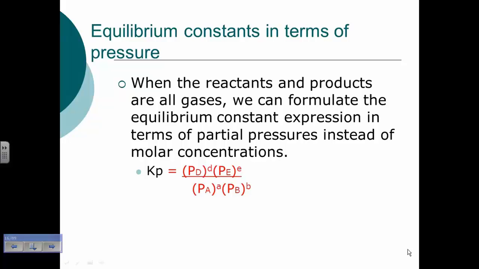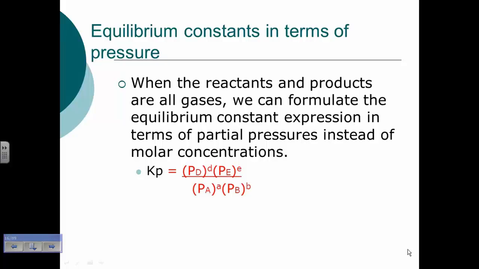When the reactants and products are all gases, we can formulate the equilibrium constant expression in terms of partial pressures instead of molar concentrations. Instead of using brackets, which stand for molar units, we use a capital P for pressure and then subscript the reactants and products.